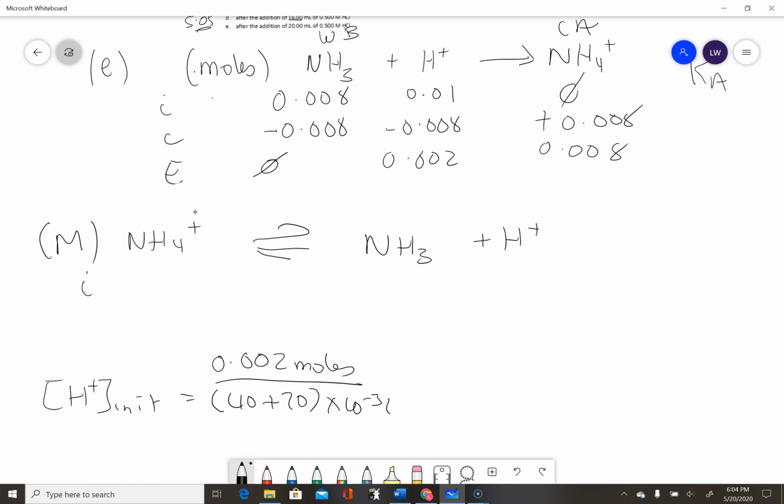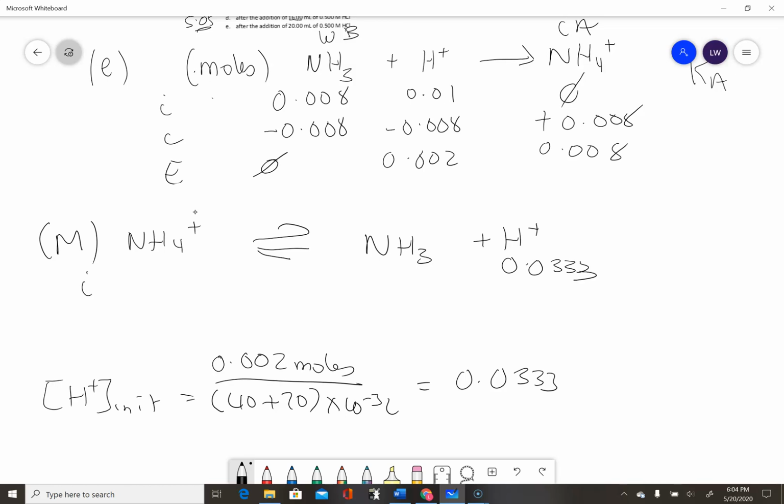That needs to be in litres, so that works out to be 0.002 divided by 0.06, and so that is 0.0333.